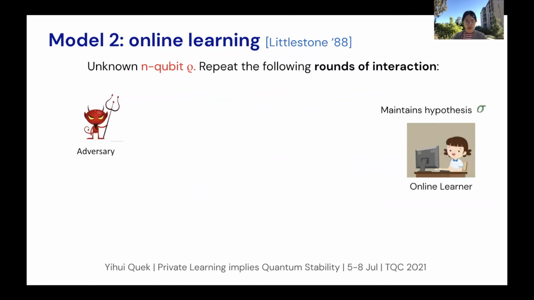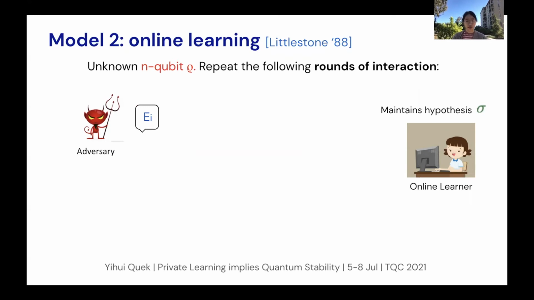So the second model we're going to consider is online learning, which was formulated by Littlestone in 1988. So again, we assume that we're given an unknown n-qubit rho. And so here we can think of online learning as consisting of a couple of repeated rounds of interaction between an adversary and an online learner. So again, the online learner's goal is to maintain a hypothesis sigma about the unknown rho, and the adversary is going to help the online learner.